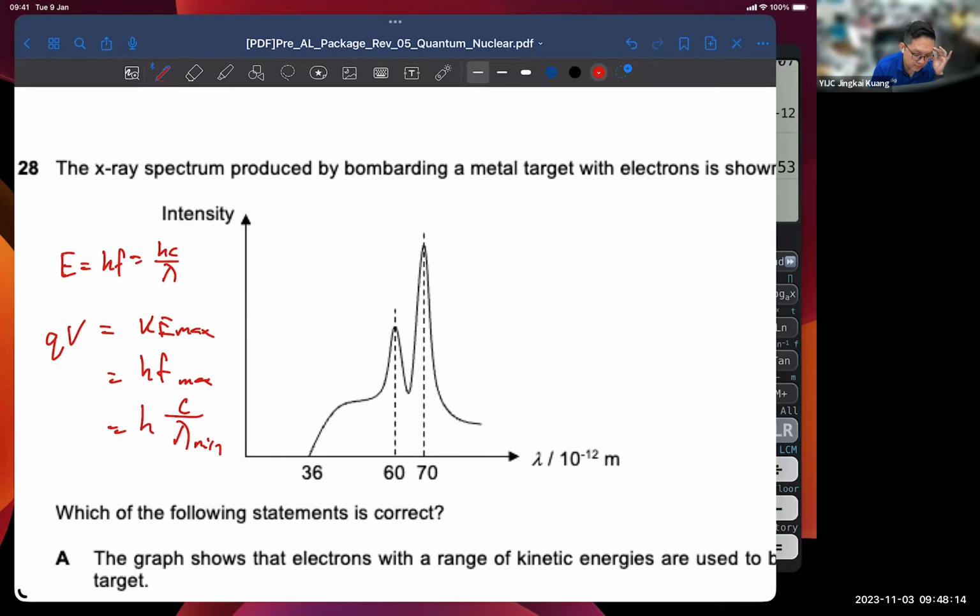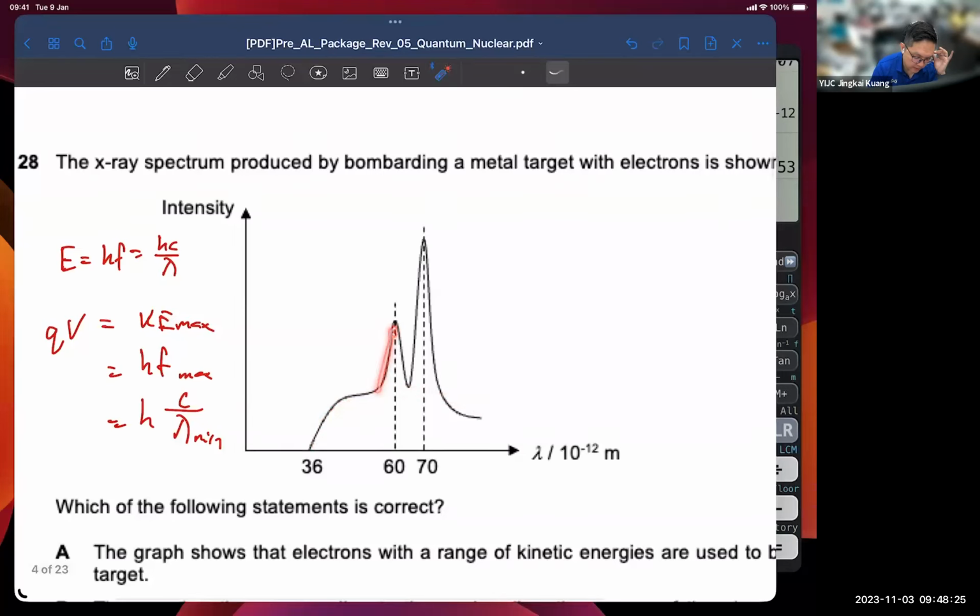So you can use this. Basically this is your braking radiation, when your electrons just slow down as per normal. This one here is when you cause your electron inside the metal to get excited out from, let's say, a low energy level to the next level. Let me just draw some energy levels here. Let's say if I go from here, I come down, drop here, this drop may correspond to one of the peaks.